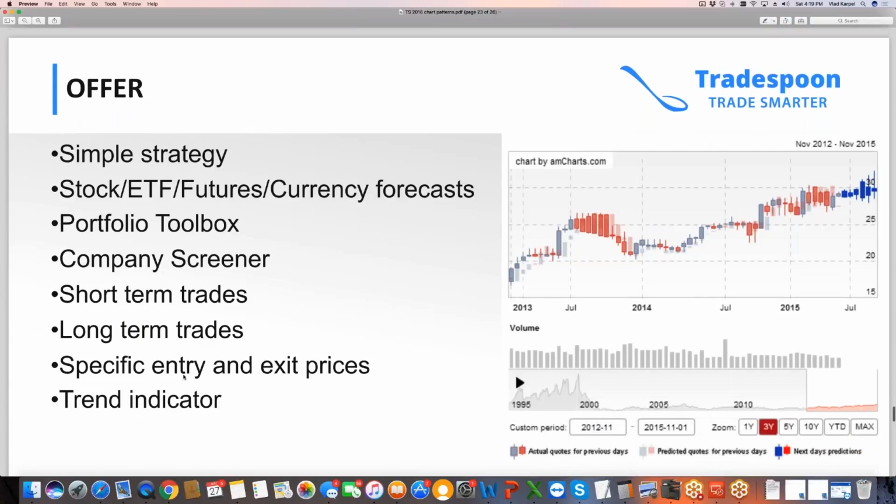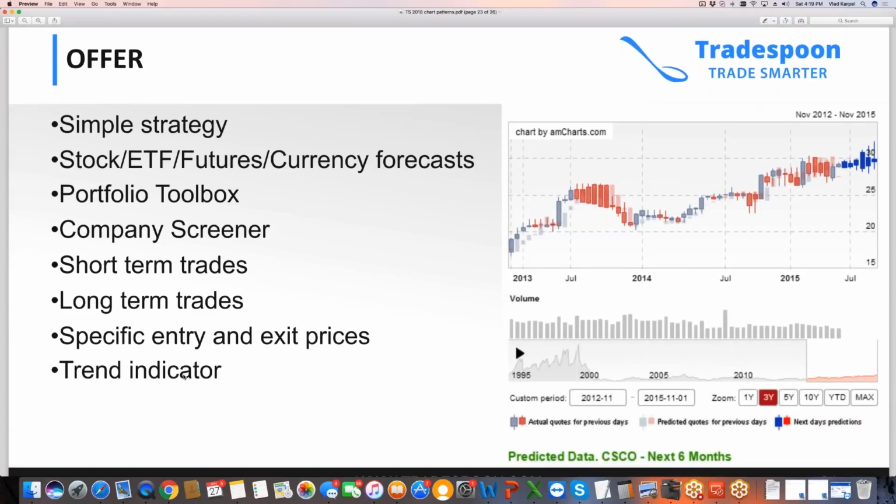If you have a TradeSpoon trial or subscription, you can use the TradeSpoon add-on in Metastack for free. So you can analyze any stock, ETF, future, currency pairs. On the TradeSpoon side, we are also giving you a company screener that I briefly covered, showing you short-term trades, long-term trades. We actually provide 3 bullish, 3 bearish ideas every day, every week with specific entry prices and exit prices.